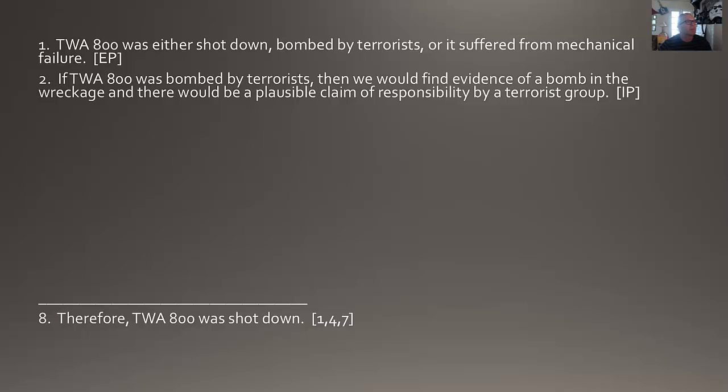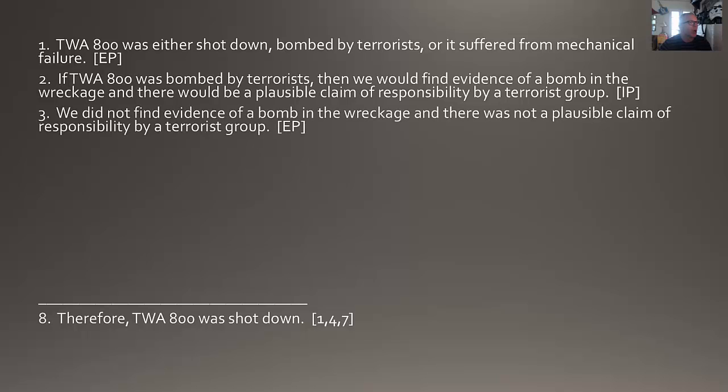The author seems to be assuming that if those two things were true, then we could more strongly draw the conclusion towards a terrorist bomb. But the author says outright, explicitly, we did not find evidence of a bomb in the wreckage, and there was not a plausible claim of responsibility by a terrorist group.